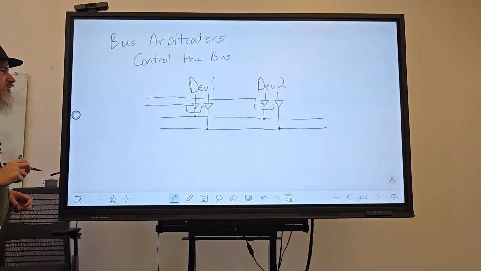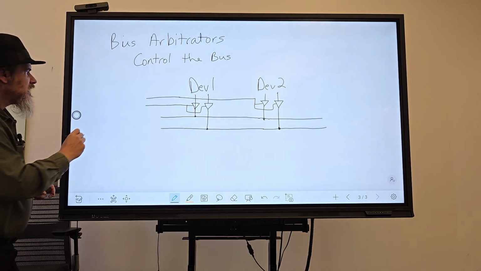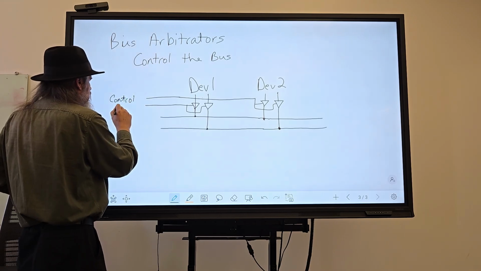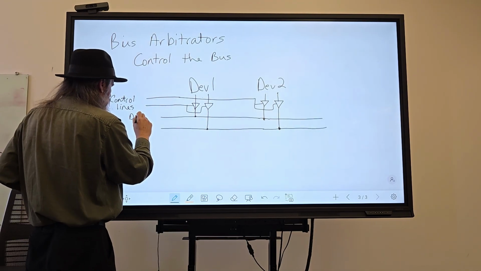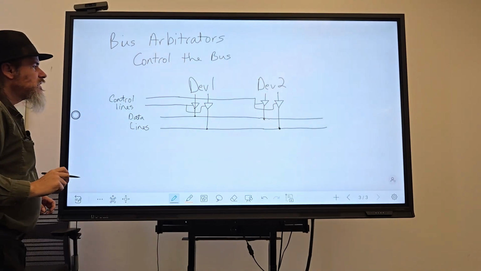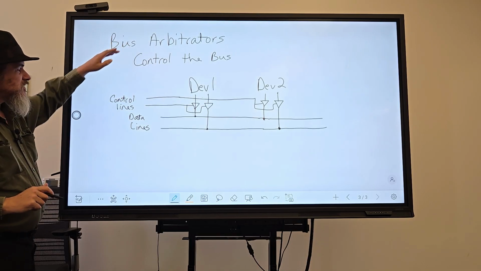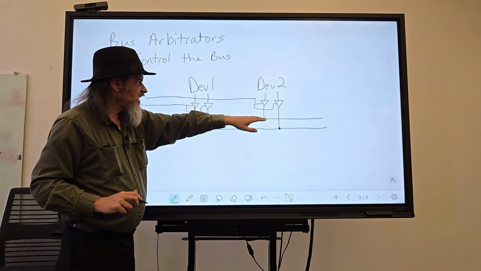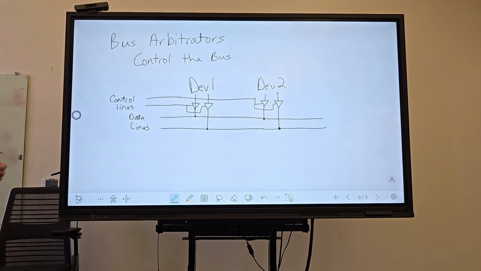A tri-state buffer will turn off, and this will be the control lines, and these are the data lines. What you'll have is the control lines from the arbitrator selecting which device has access to the data lines and address lines as well.